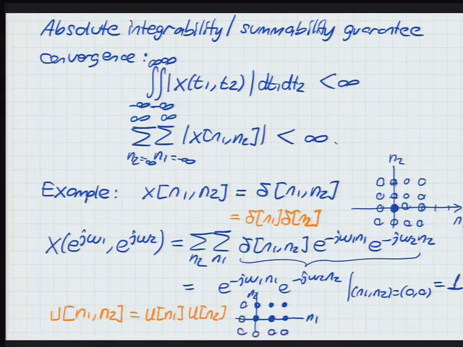Because I'm multiplying, if either n1 or n2 is negative, that will kill the whole thing. So it's like an AND operation, if you will, because you're multiplying. All right. So anyway, that was an aside. That's not quite related to this example.